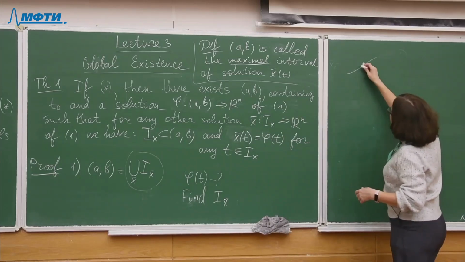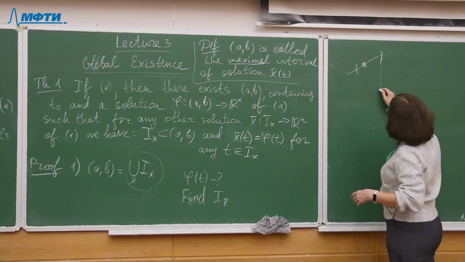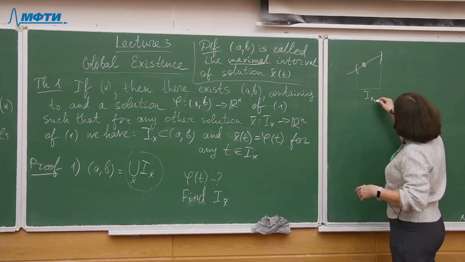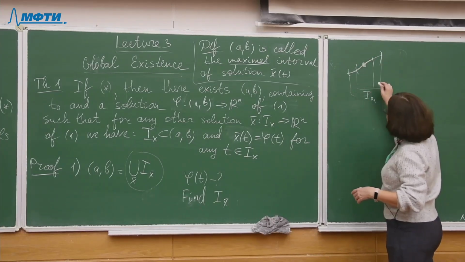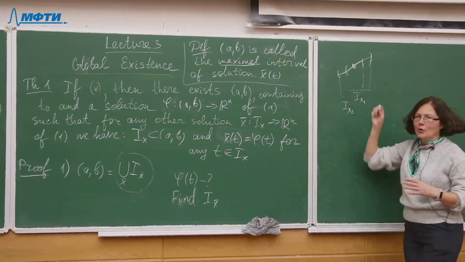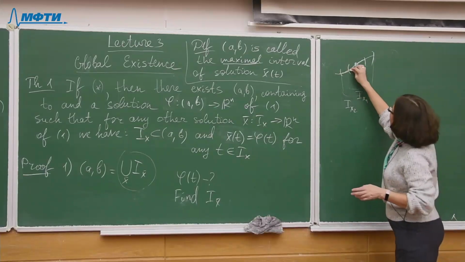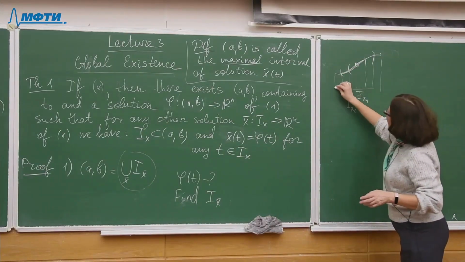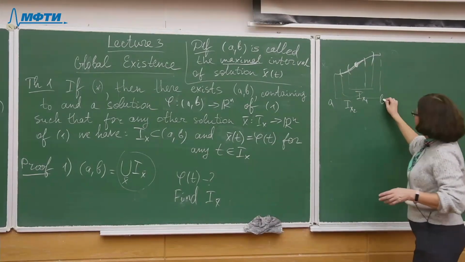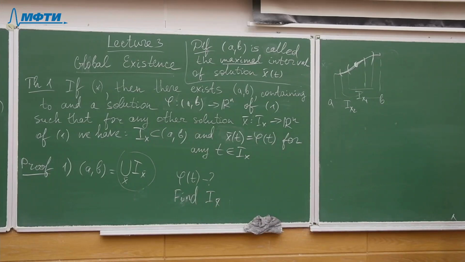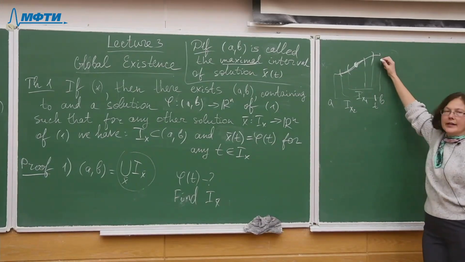So this means the following. We have several different intervals: Ix1 maybe, Ix2, and so on. So we consider the union of all the intervals. We will get the interval from A to B as the union of these intervals. This point is fixed. This will be AB. Okay. Given any point t, let's define a solution.